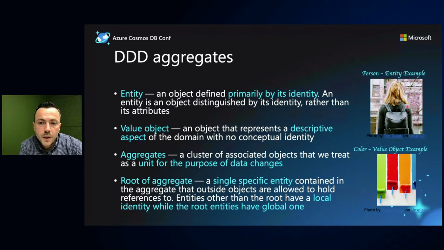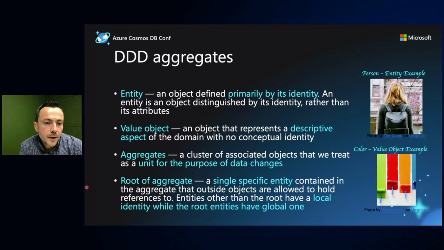If this girl changes her haircut or anything else, she remains the same girl. Value objects, on the other hand, don't need identity, because they represent a list of descriptive aspects, for example colors or materials. The actual identity of this green color is not important, but the value of its attribute is.